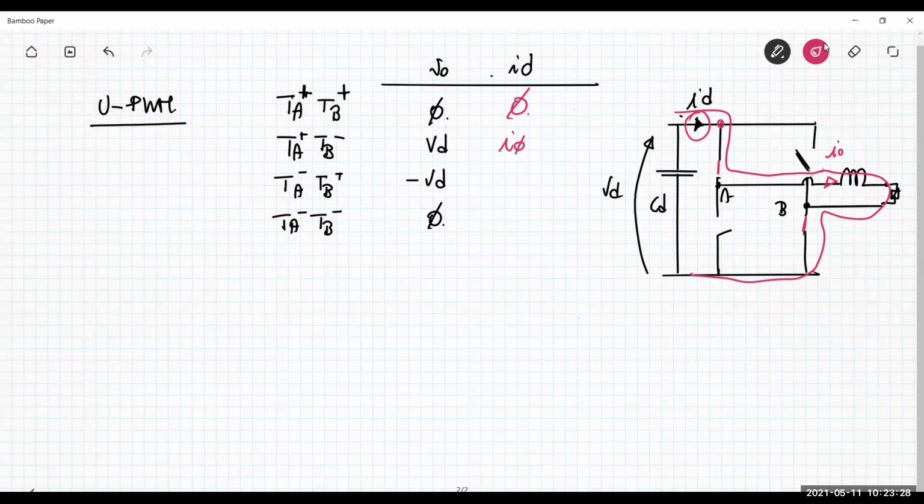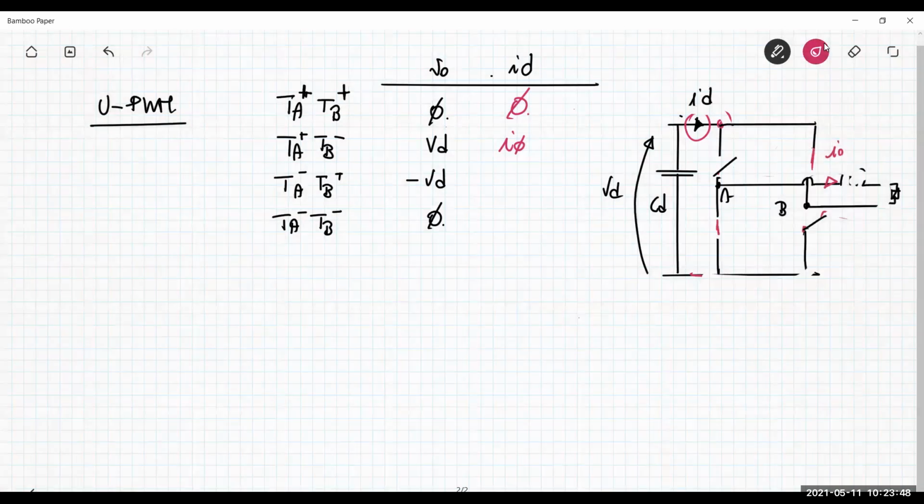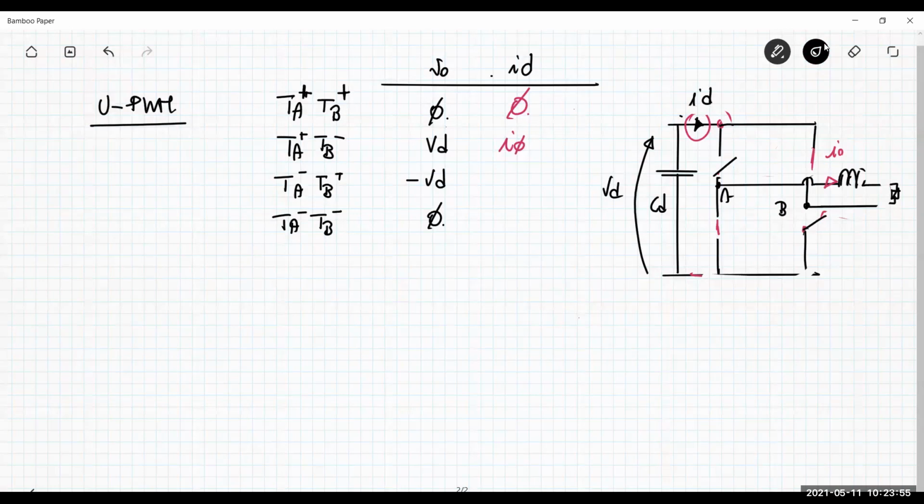What happens when the opposite occurs? When you have this transistor open and this Q1 closed, whether the current is positive or negative, it is always the same. If the current has this direction here, the current flows in this way.